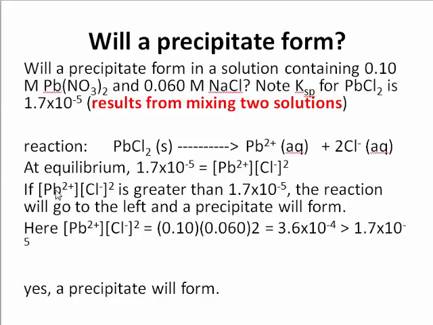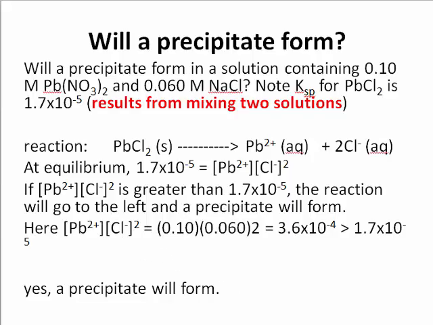Alright, if the concentration of lead in the solution times the concentration of chloride squared is greater than 1.7 times 10 to the negative 5, then the reaction quotient Q is greater than K. The reaction will go to the left, and a precipitate will form.